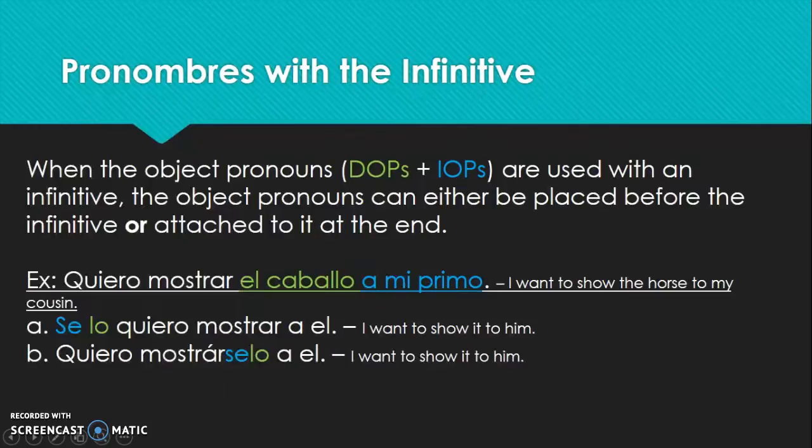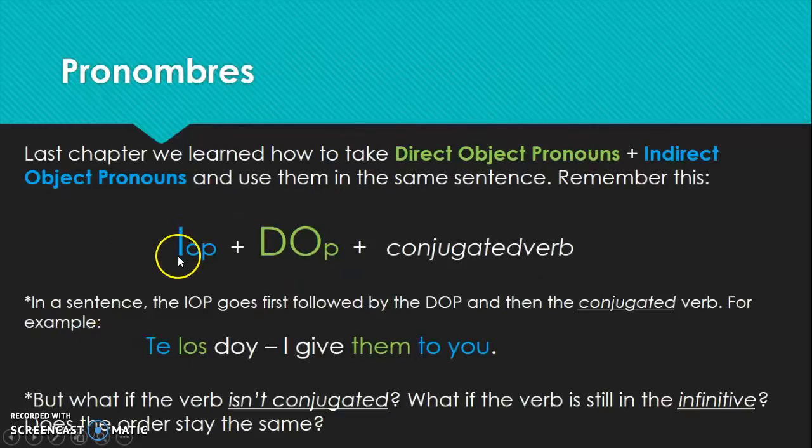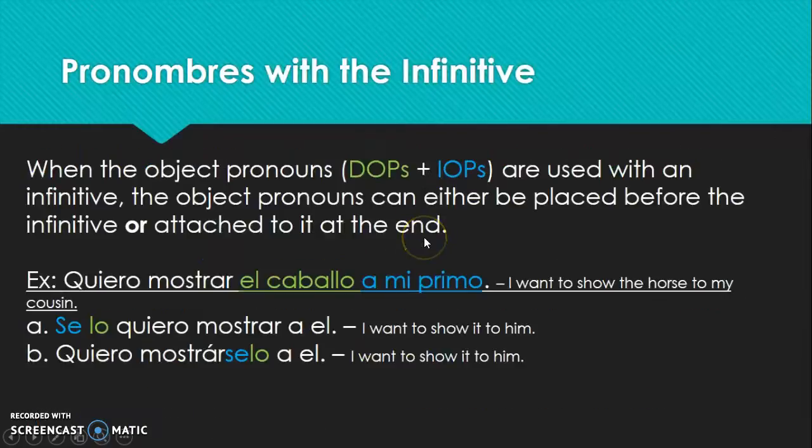So as we've learned, just like on this slide right here, IOP, DOP, and then a verb, I'm going to put my IOP first, which a mi primo changes to se, right? El caballo changes to lo, and then I plug in the rest. So I want to show it to him. Now, I don't necessarily want to do it like this, and this is the new thing you're about to learn.